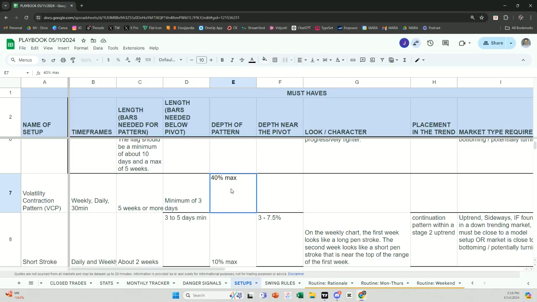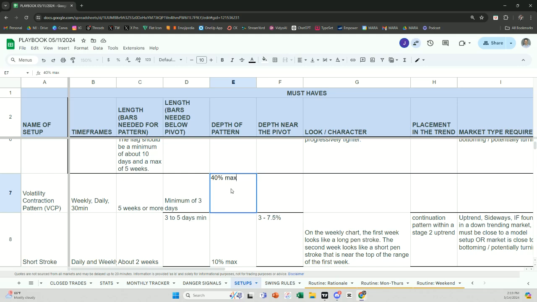Because if we're in the middle of COVID and something forms a VCP and the market's just dropped 30%, and I find a stock that's dropped 45%, but everything else is perfect, then I would probably still give that one consideration. But in general, 40%.